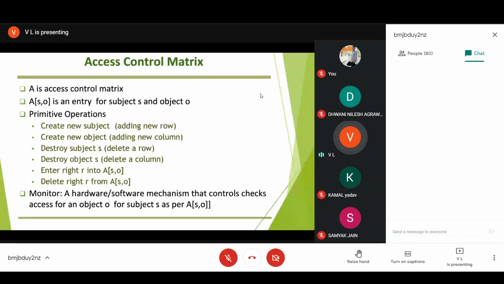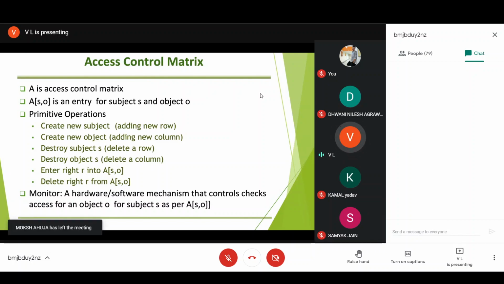So if a new process is created, other processes may have some right on that process. So creating a new process would actually mean adding a new row as well as adding a new column. So it depends upon the kind of subject that you are creating. Similarly, destroying a subject. For example, a user logs in and logs out.